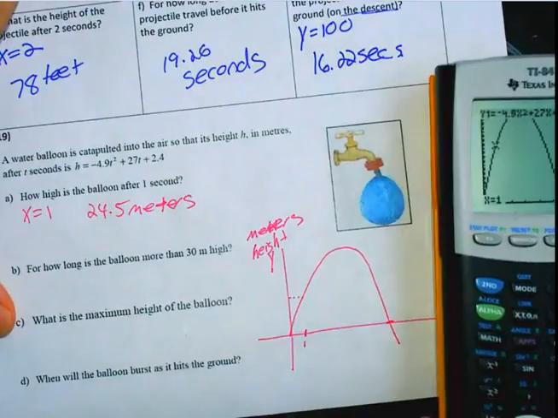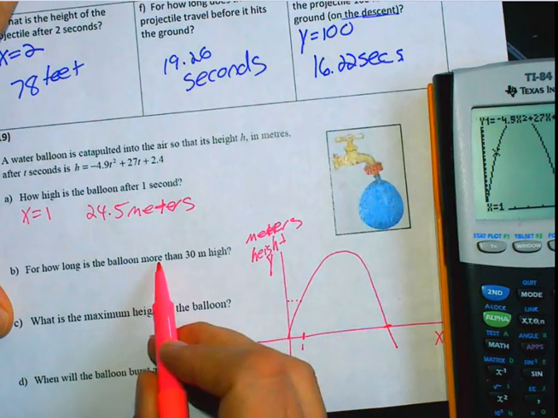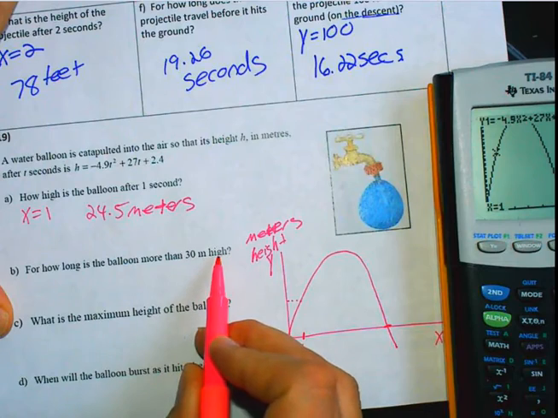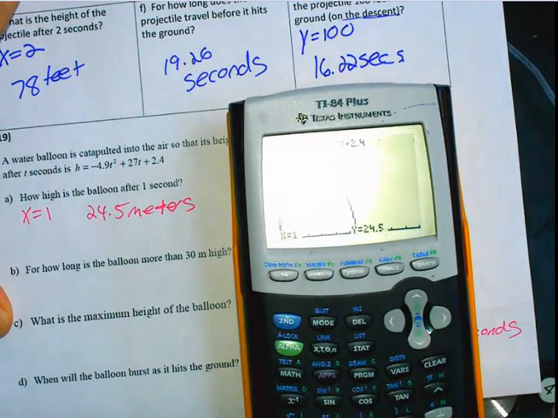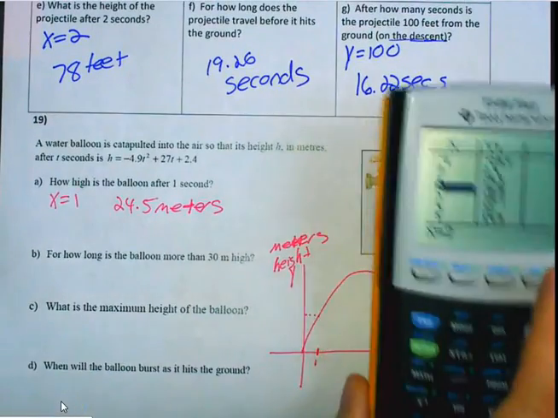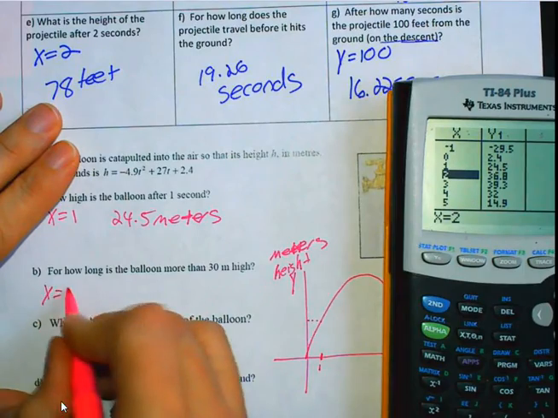All right, next question. How long is the balloon more than 30 meters high? Okay, so it tells me that 30 meters high means y equals 30.